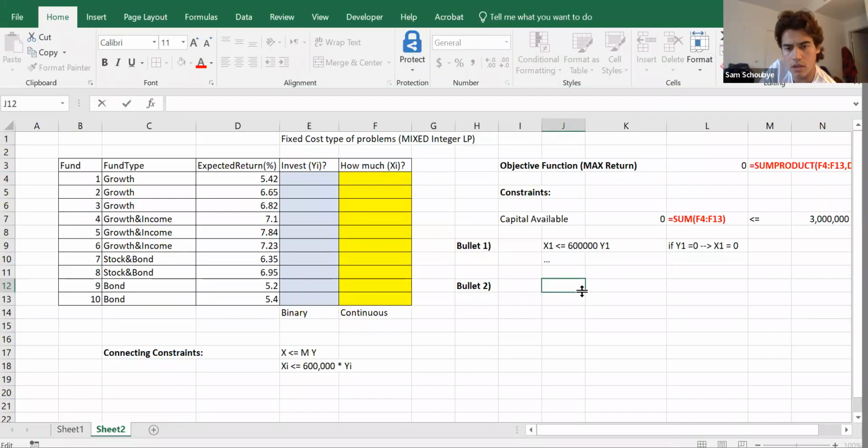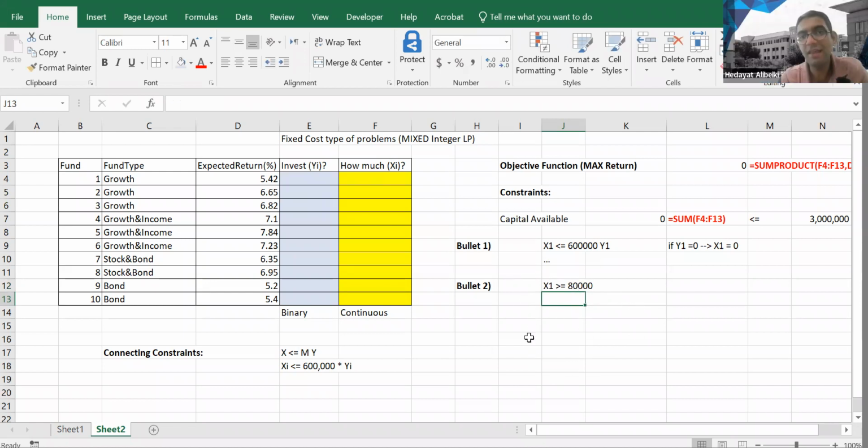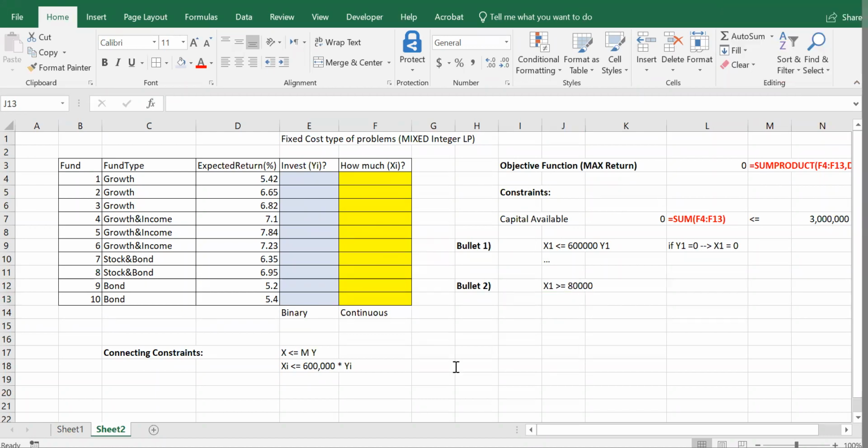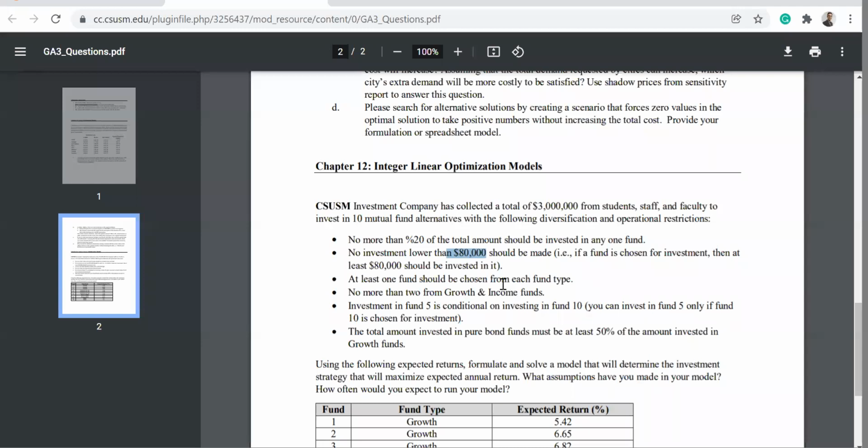It has to be 80,000 or more. So x1 has to be greater than or equal to 80,000. If you say this, and I would assume you're going to repeat this for x2, x3, all of them to x10, then the Xi's have to be 80,000 or more. But it's not exactly what the description of the question is saying.